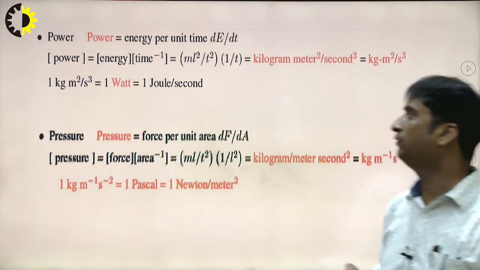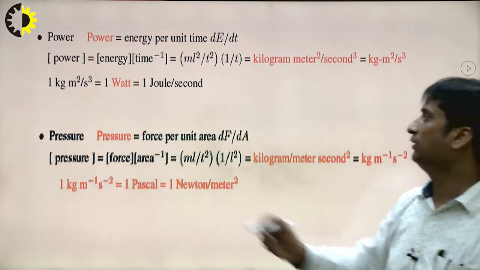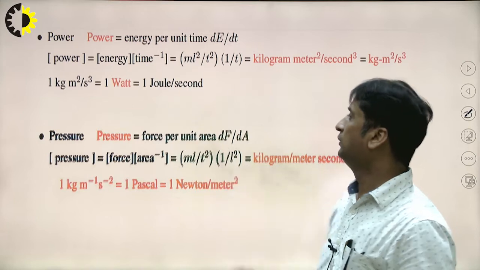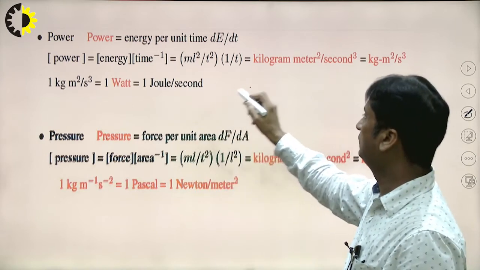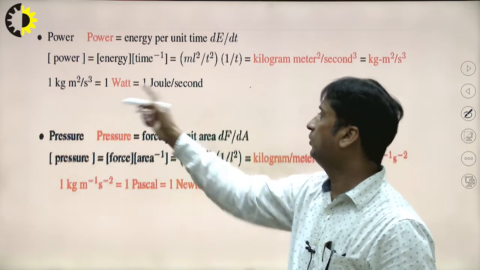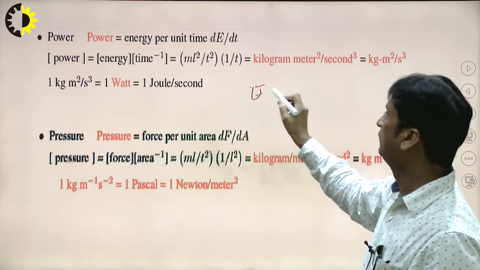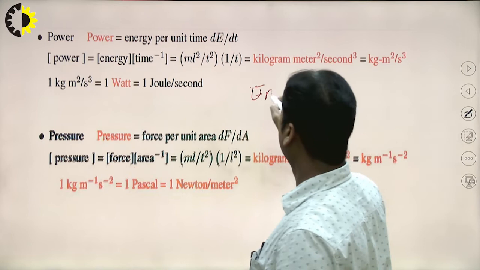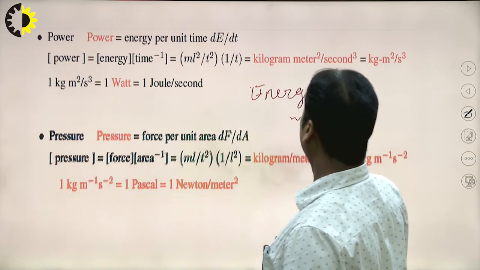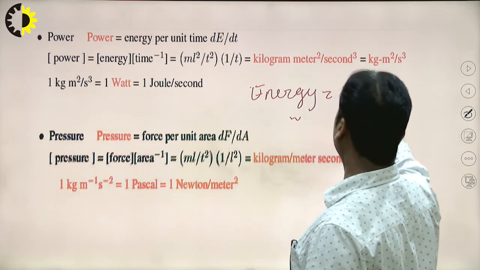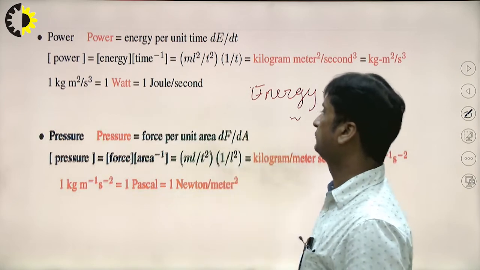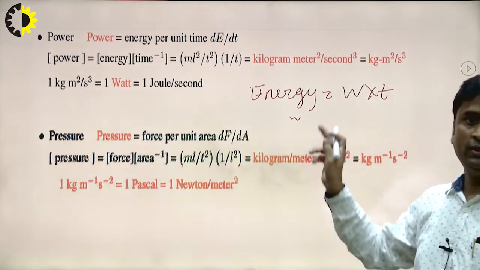The power is given by joule per second. So from here, joule is equal to watt into time. So energy is given by watt into time.